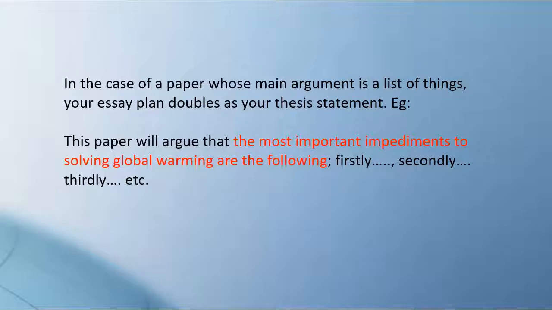So that's how you would do it if you have a list of things. And make sure you state that these are the most important things, because usually if it's a list of things, then the list could potentially be infinite, right? And you don't want the marker to say, well, what about this point? You want to say, look, these are the key ones, and argue why.